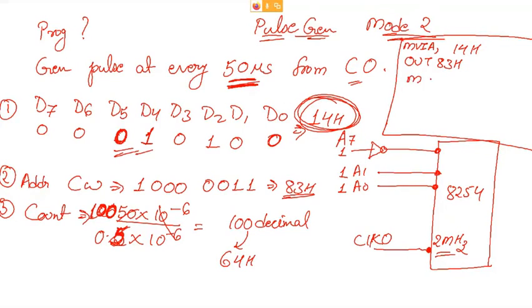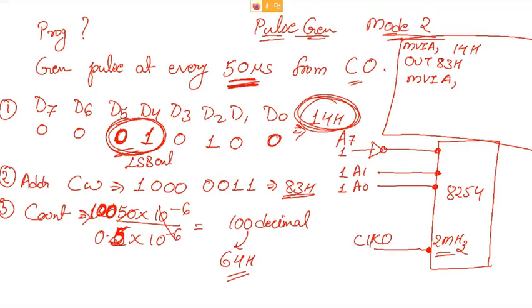Then you will need the count, which is MVI A comma, because you need only 8 bits to put this number. That's why we were using this particular mode, only LSB, or you can use LSB first then MSB, but you don't need all 16 bits. You only need 8 bits to write the count, so only LSB.